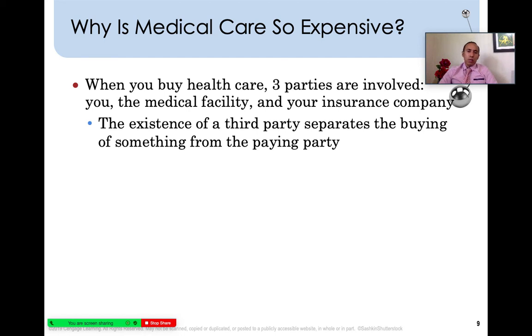So this third party separates the direct relationship. A lot of people don't have medical insurance, and they have to pay directly to the provider, and even the provider may outsource the cost to their finance department to charge the actual person. They provide the service, now you pay our finance office, and so on.